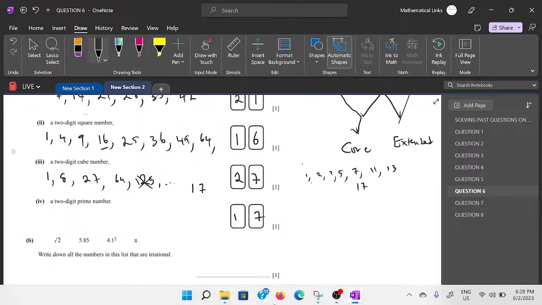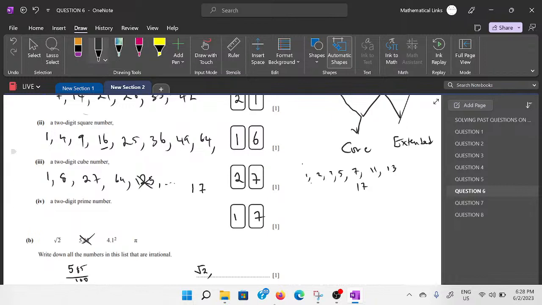The B part of it is: write down all the numbers in this list that are irrational numbers, okay. So root 2, yes, is an irrational number. 5.85 is not an irrational number. Why? Because you can write it as a fraction, and that will be 585 over 100, okay.